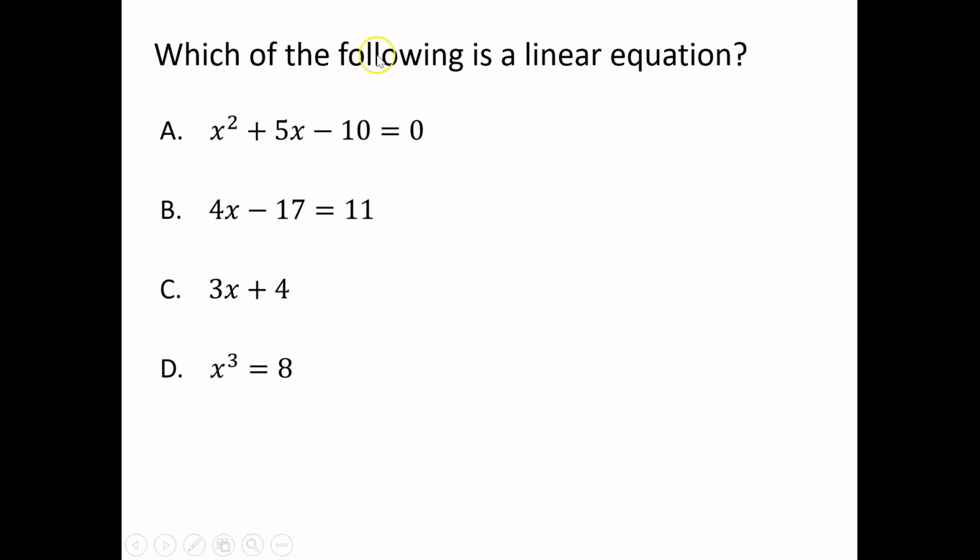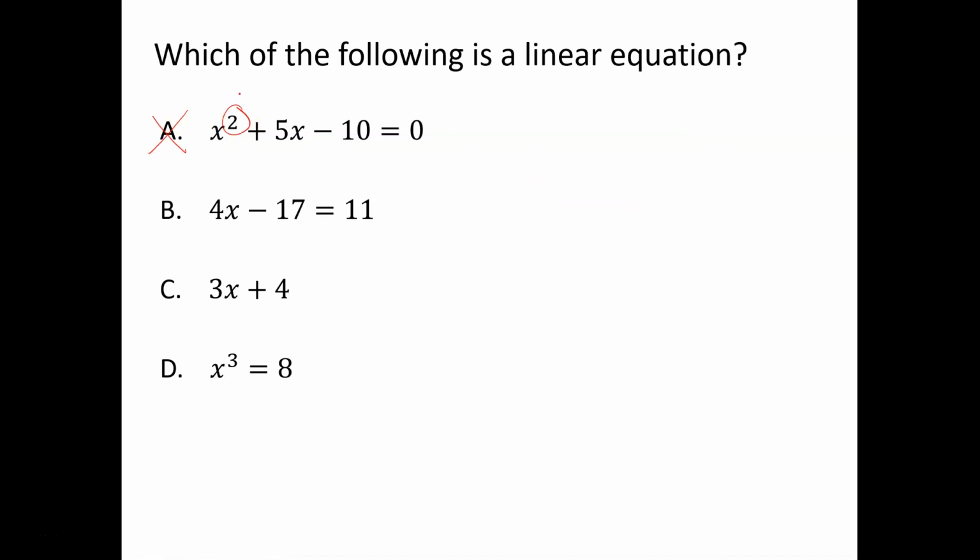So let's do this multiple choice question just to re-emphasize what a linear equation is. We are going to pick which one of these would be linear and equation, both. So number 1, or I should say A, has an x squared in it. That eliminates A from being a linear equation.